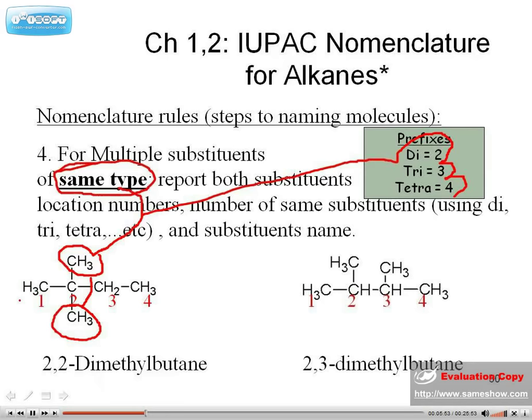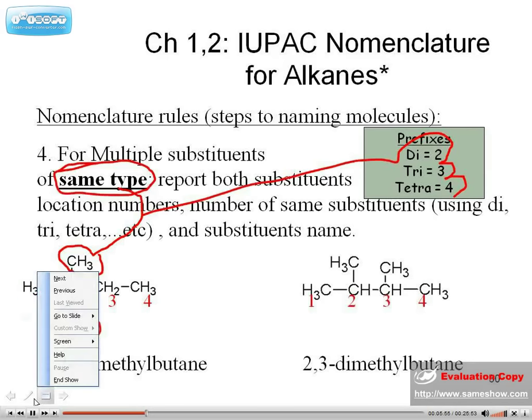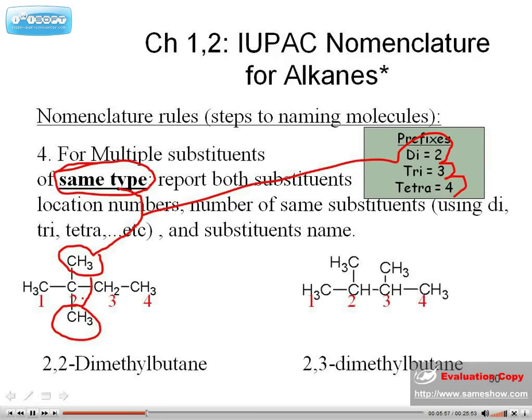The rest of the rules apply the same. So the first thing we do is we figure out what side is closest to the nearest branch, and then we go ahead and label it. From there, we do something a little bit different. We need to put the address of each one of these individual branches. And we put the notation of a comma. So for example, if they're both located on carbon 2, then it's 2,2.